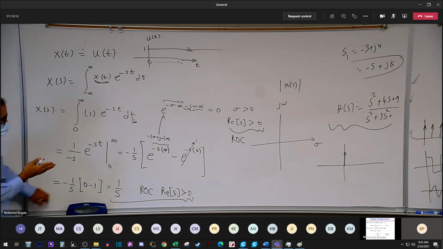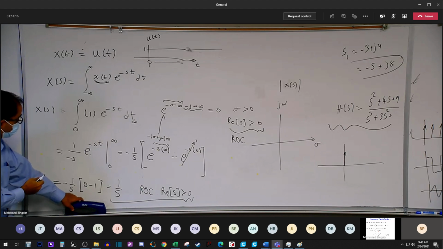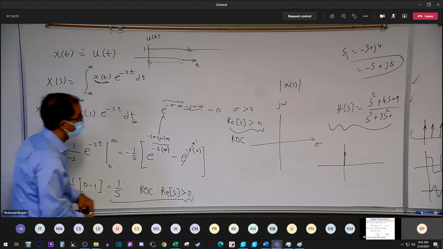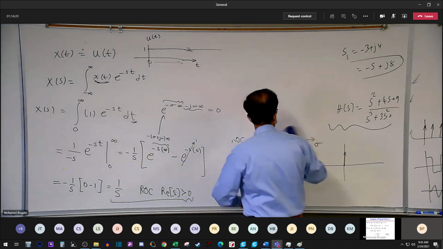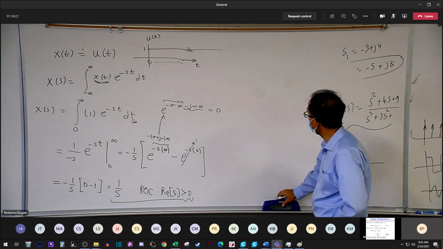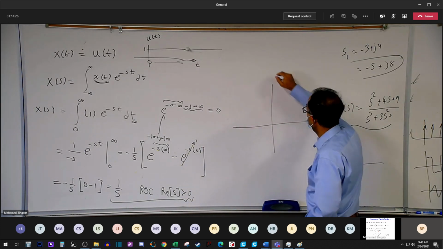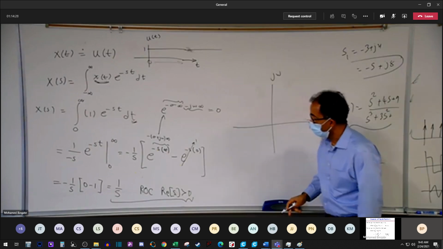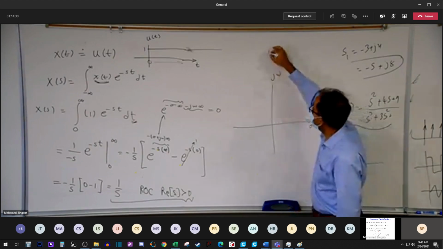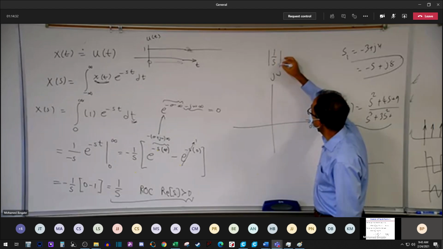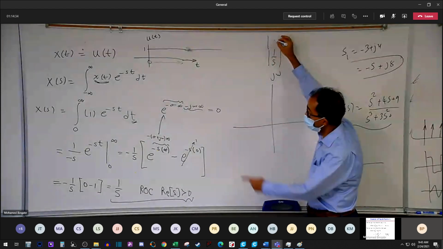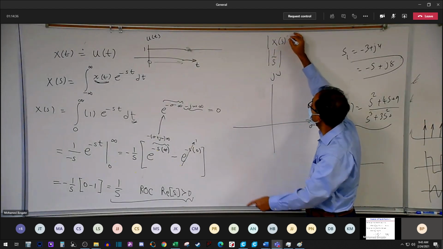Now, if I ask you to plot these, to plot the magnitude, so this is sigma, this is j omega, and you plot the magnitude of 1 over s, which is the magnitude of X of s.